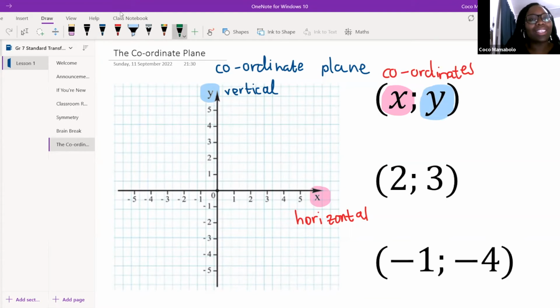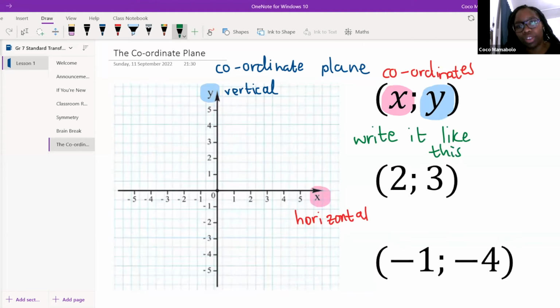And when we write this down, I need you to write it exactly the way it's written over here. When you give me a coordinate, you need to give me a round bracket, then a number, then a semicolon, then a number, and then another round bracket.